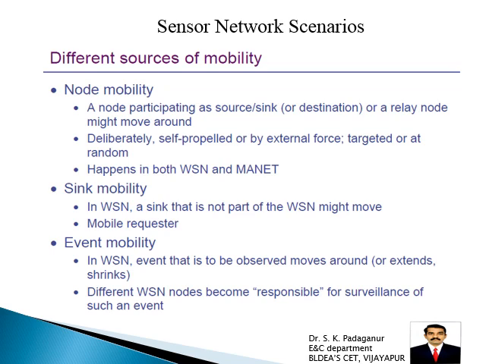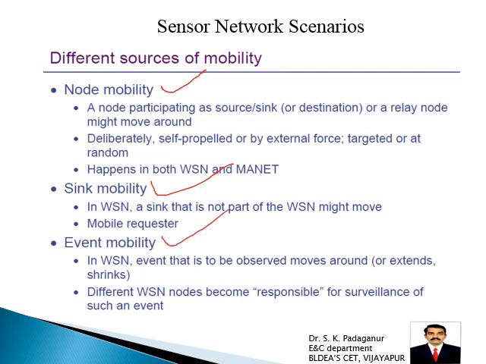The first mobility is node mobility, the second mobility we call sink mobility. Sometimes the destination moves itself. In that case it's very difficult to manage the sensor network if the destination itself moves. And sometimes there is event mobility.